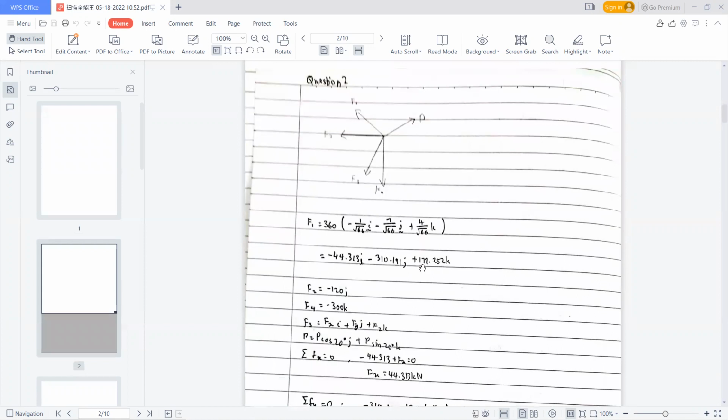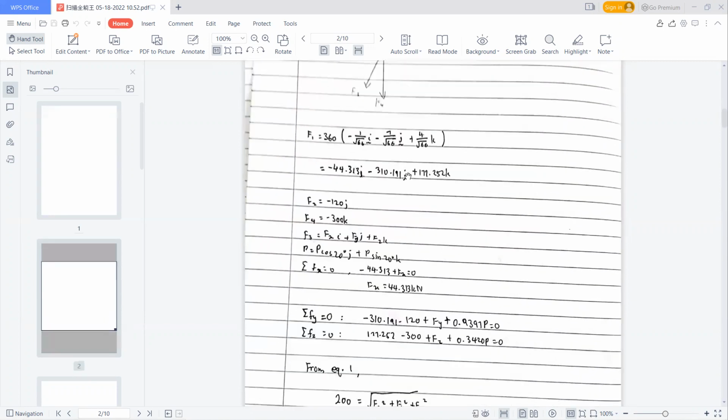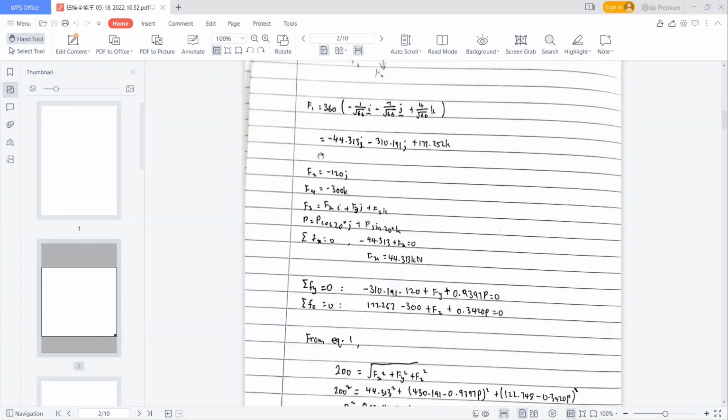So for question two, we will have a point P and the four forces, F1, F2, F3, and F4. So we will use the vector to calculate the forces for F1. For F2, as we know the value, it is negative 120, and for F4 we use negative 300 for the value.